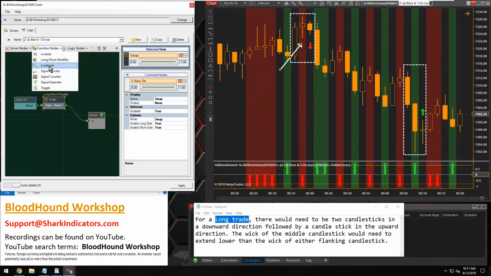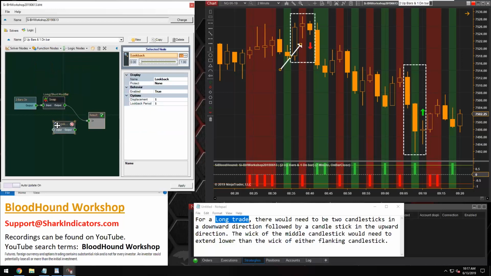So we need a look back node. And so remember, we need the signal where this arrow is going to be. But the bar direction solver is giving us an output on the last up bar. So we need to take this output and push it forward onto the next bar, in hopes that the next bar is our down bar, like so.